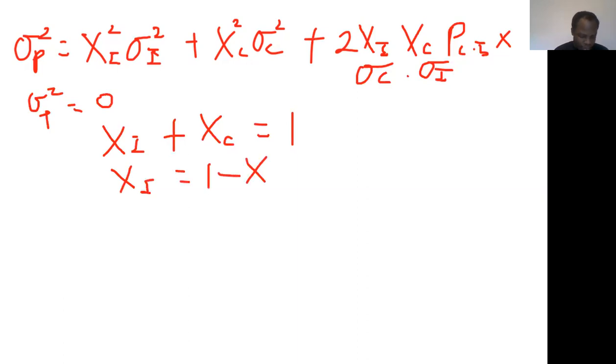Mind you, you are not being asked to find the minimum variance, so you don't have to differentiate. They are just saying find the weight that will ensure that the portfolio variance is equal to 0. They didn't say the minimum.